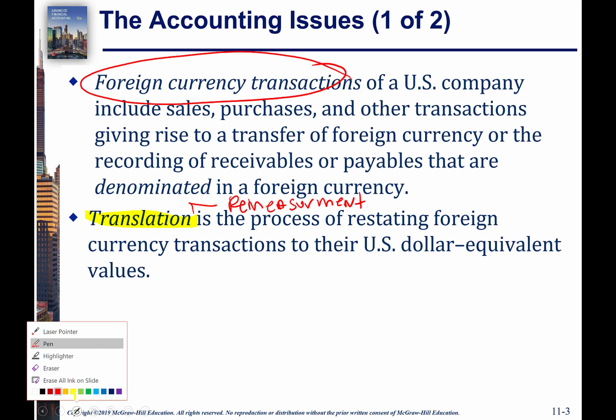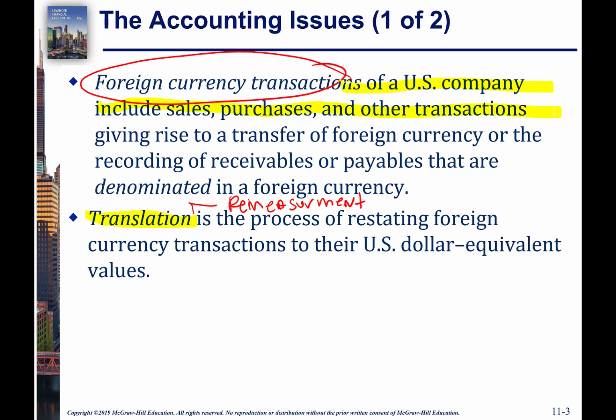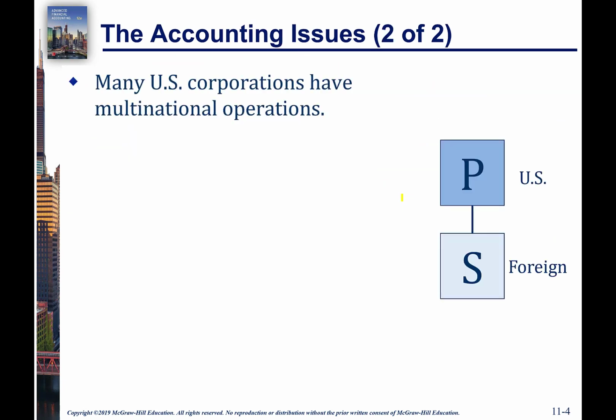Okay, but let's talk about foreign currency transactions first, and we can see that this is the situation where we have a U.S. company, and it's going to have sales, purchases, or other transactions giving rise to a transfer of foreign currency, or the recording of receivables or payables that are denominated in a foreign currency. So we're looking at a transaction at a time here. And what's contemplated in these situations is that you really have two unrelated entities.